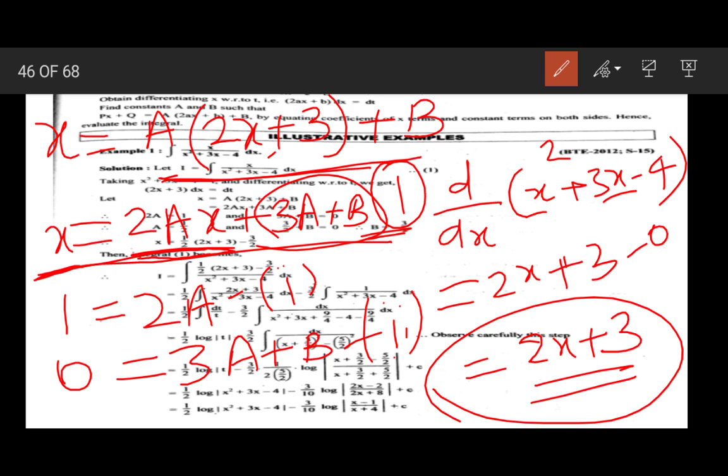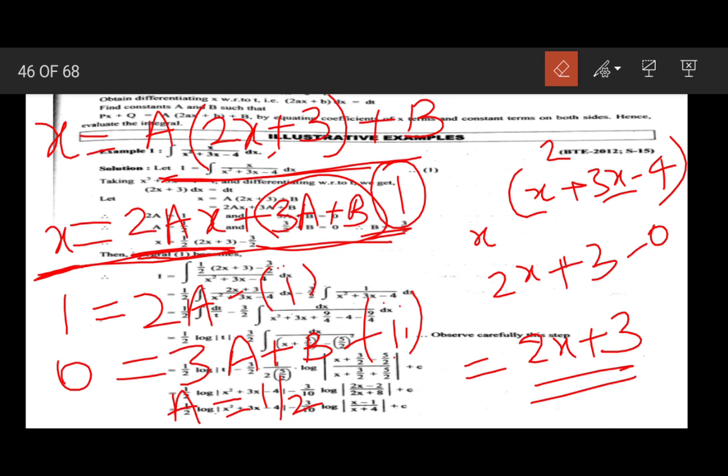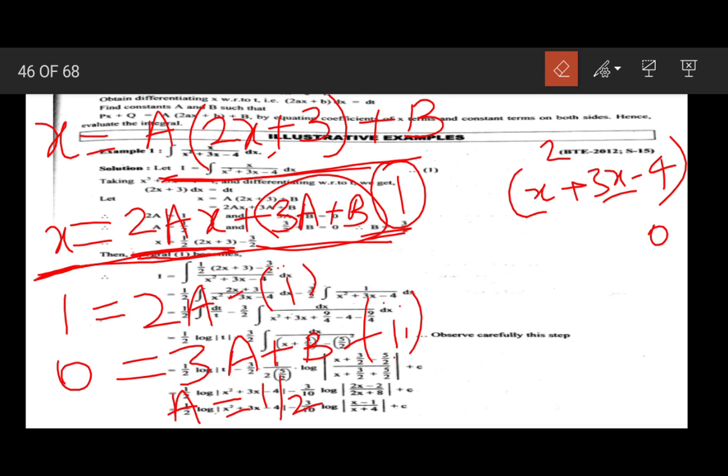Now from equation 1 I will get a is equal to 1 upon 2. Now I am dropping this side, so it will take a few seconds, just wait. Now I got a as 1 upon 2.